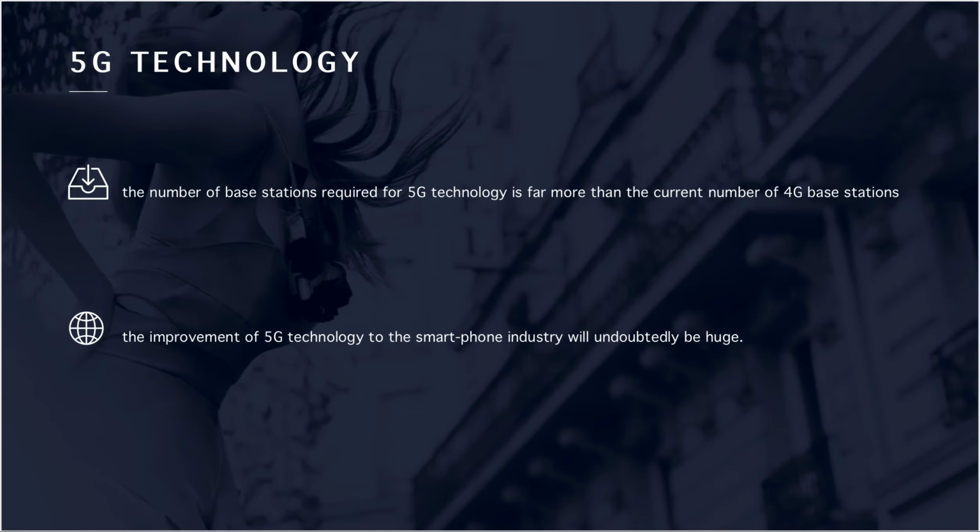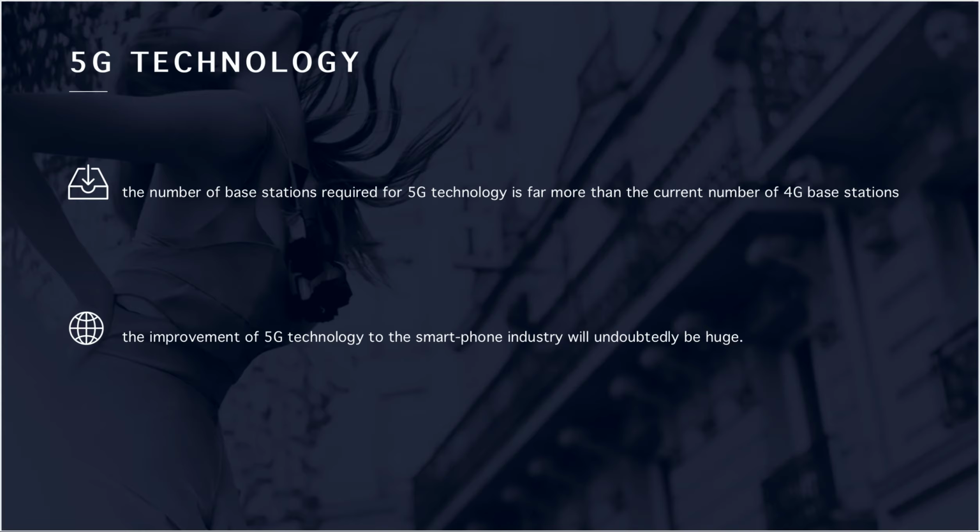And another challenge the smartphone manufacturing faced is 5G technology. As mentioned in the previous analysis, the number of base stations required for 5G technology is far more than the current number of 4G base stations. And there are problems such as signal interference. Moreover, the economic situation is not optimistic at present.